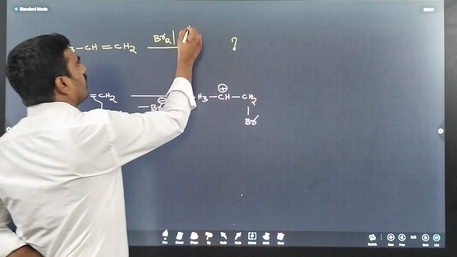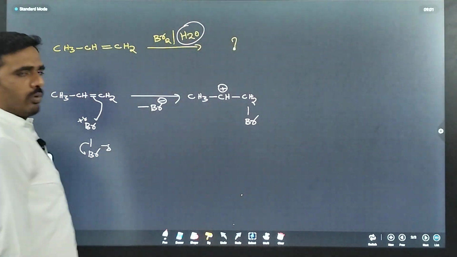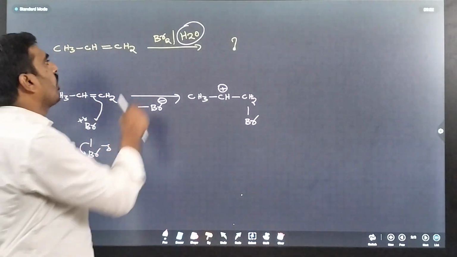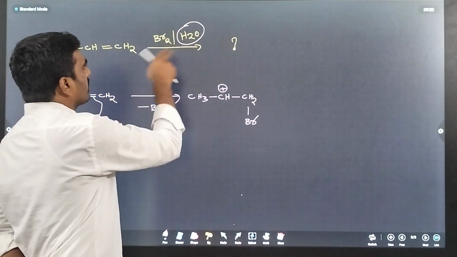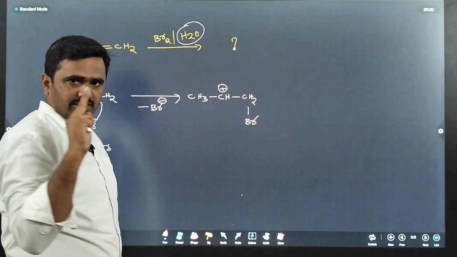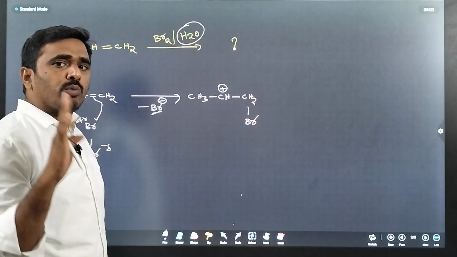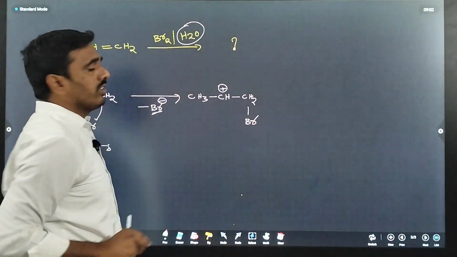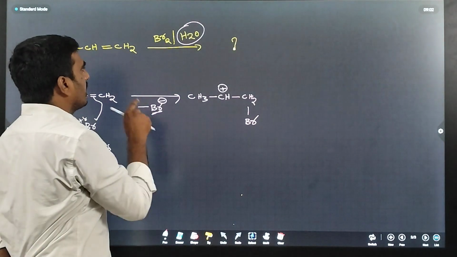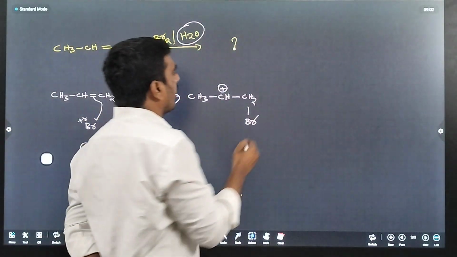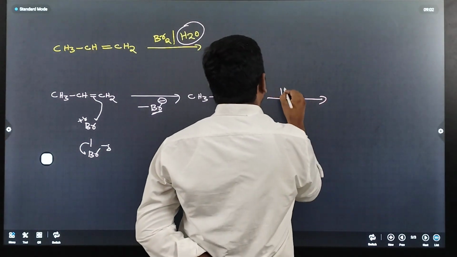Here we use a polar solvent. In the presence of a polar solvent, the polar solvent acts as a nucleophile. Bromine is also a nucleophile. In a non-polar solvent bromine attacks this carbon, but if a polar solvent is present, the polar solvent attacks the carbocation.